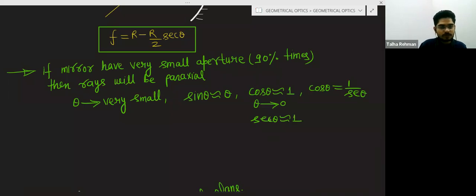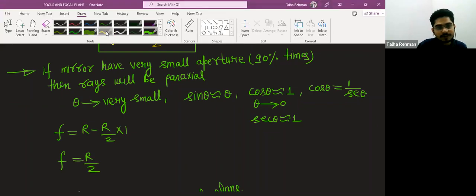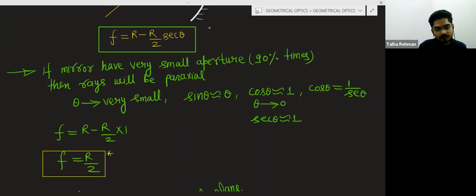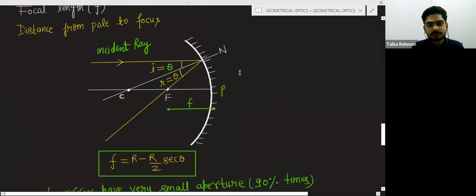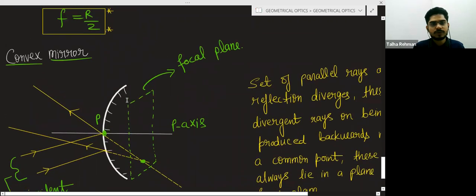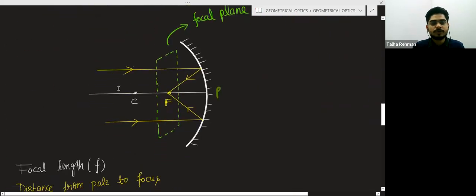So the formula of the focal length will be r minus r by 2 into 1, which becomes r by 2 only. 90% of the time this formula will be valid. So remember, focal length is equal to half of the radius of curvature.